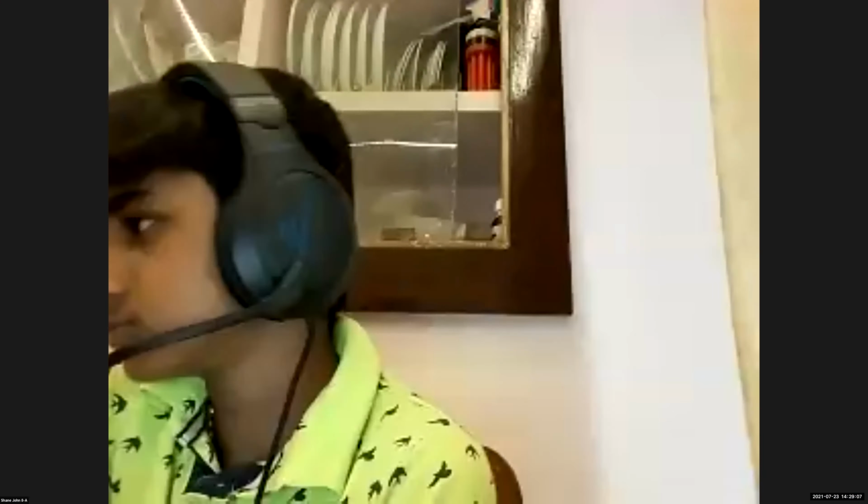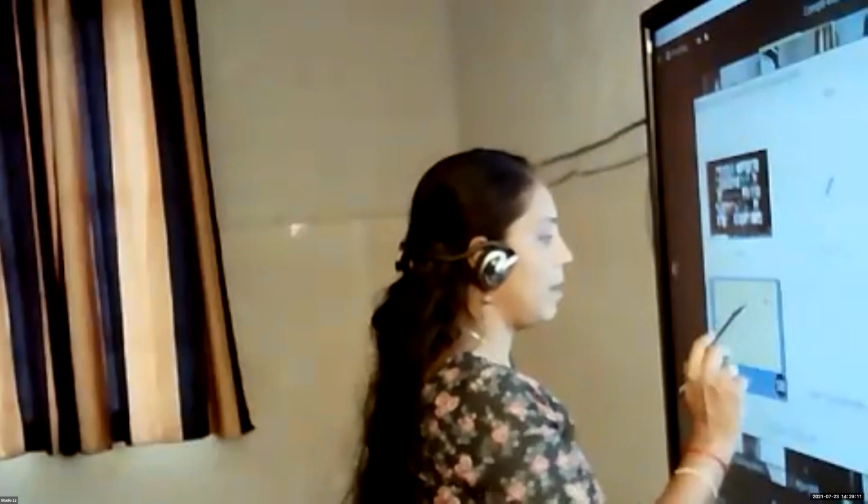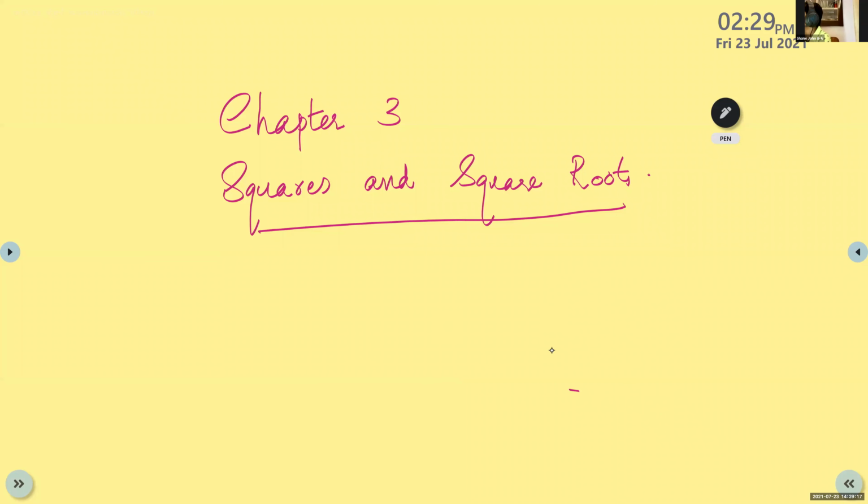So square numbers are the numbers which, when multiplied with the same number, give a square number. Like this, square of 1 is 1 into 1 equal to 1. If you multiply with the same number, you will get a square number, right?